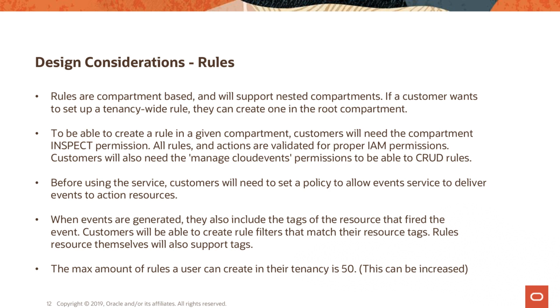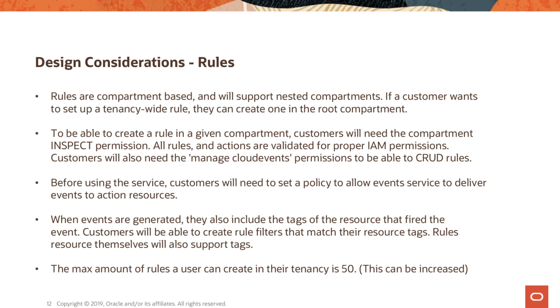So you would write a rule that filters for, let's say, autonomous data warehouse backup events. You can say when the backup event starts, you want to filter on that with a rule and take an action, which can be a notification.